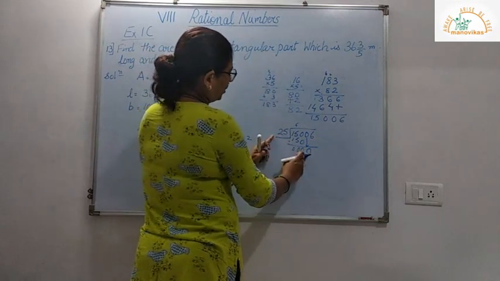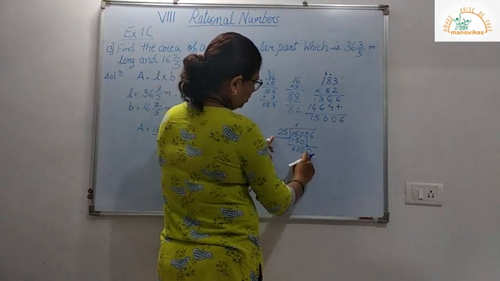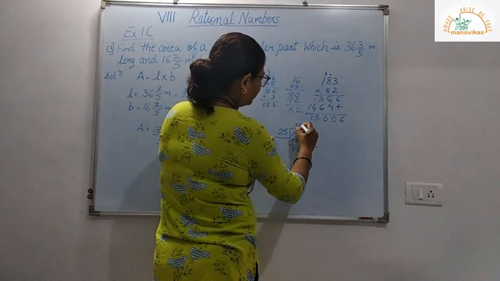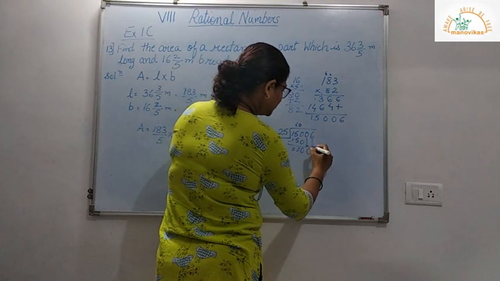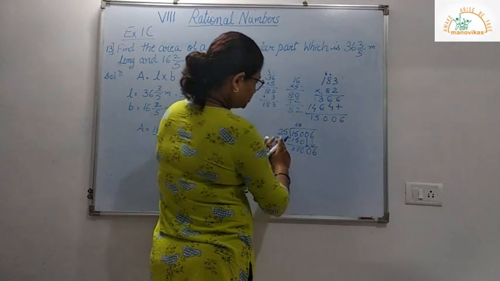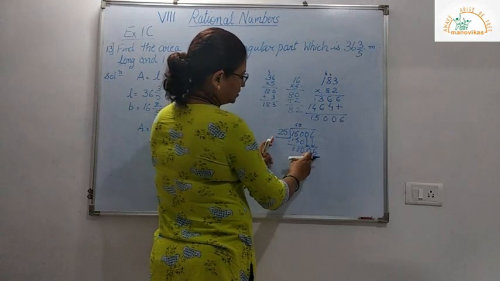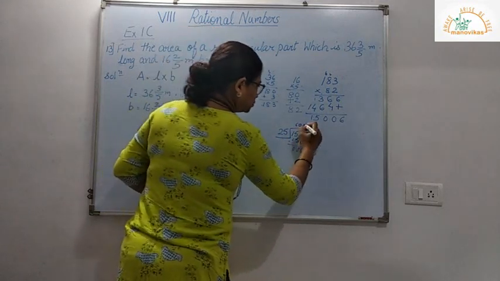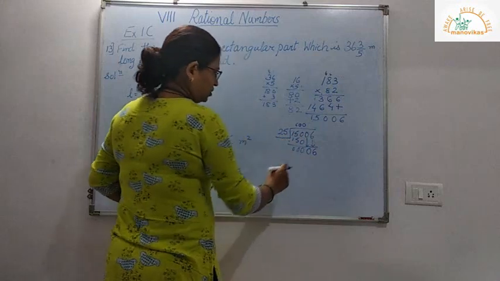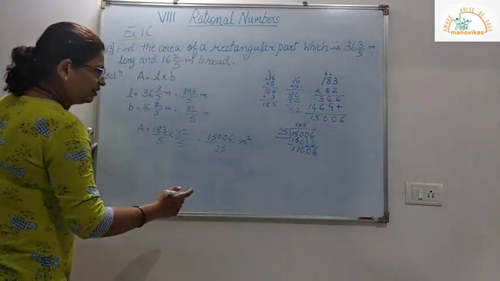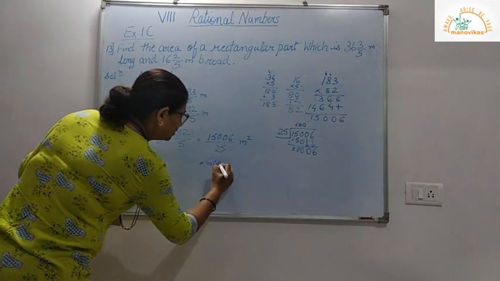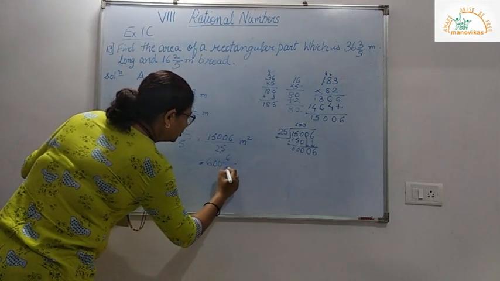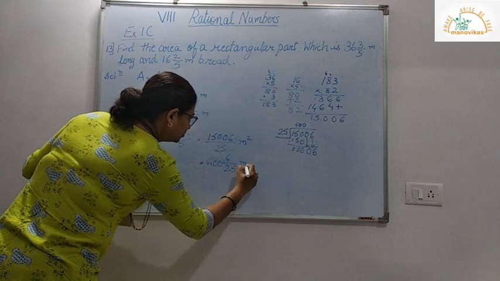Since 25 cannot divide 0, I carry a 0 here. Now I get the next digit down, that is 6. Still I cannot divide by 25 since this is a small digit. So I carry a 0 over here. So now the mixed fraction which we get here is 600 6 upon 25 meter square.